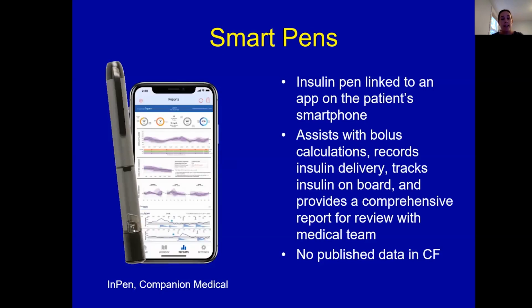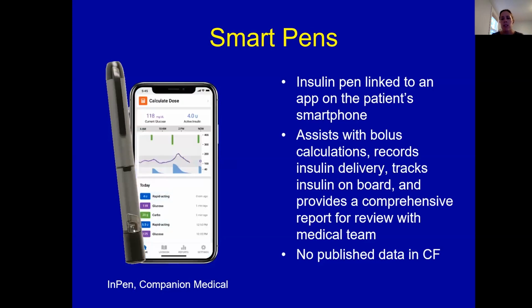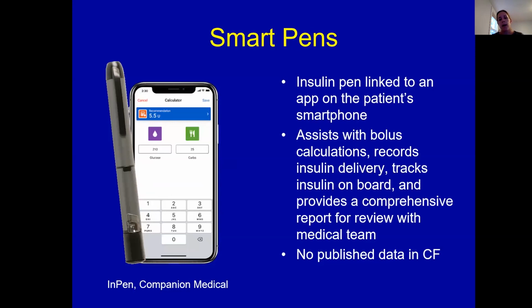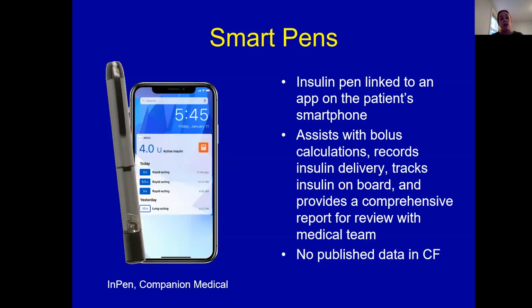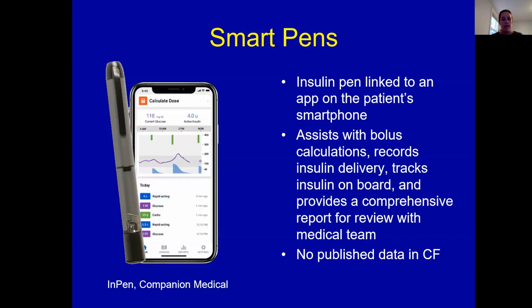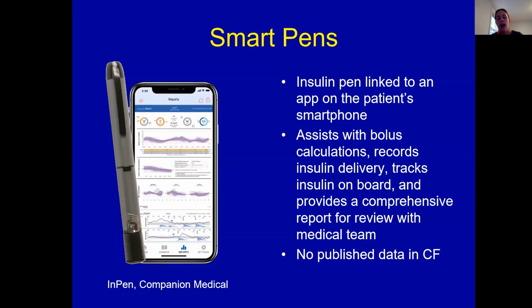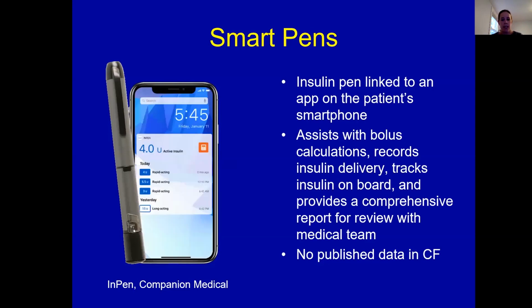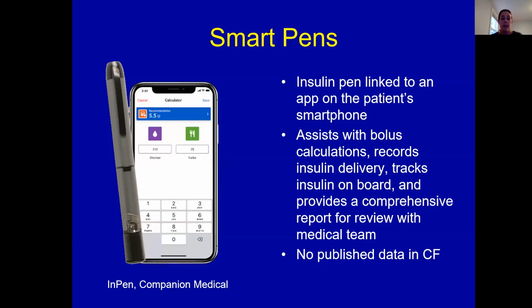It will track insulin on board, which basically will tell the patient, well, how much insulin is still acting in their body after the dose was given. And also the pen can provide a very comprehensive report of blood sugar levels, of insulin administration, and it's very helpful to review with patients as we try to decide how to improve a patient's diabetes care.